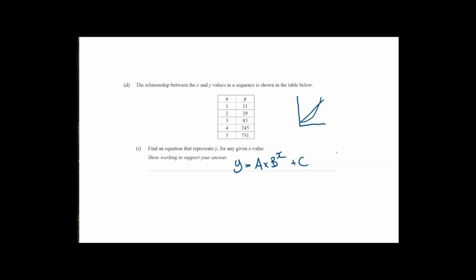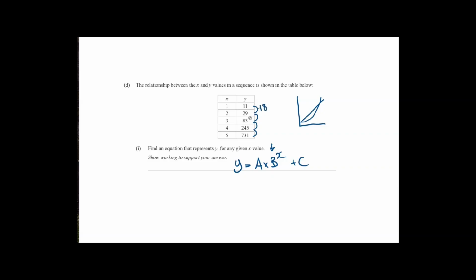So how do we find this? First thing we have to look at is b. And the way that we do that is by taking the difference of these and then working something out to see if there's a pattern there. So 29 take away 11 is obviously 18.